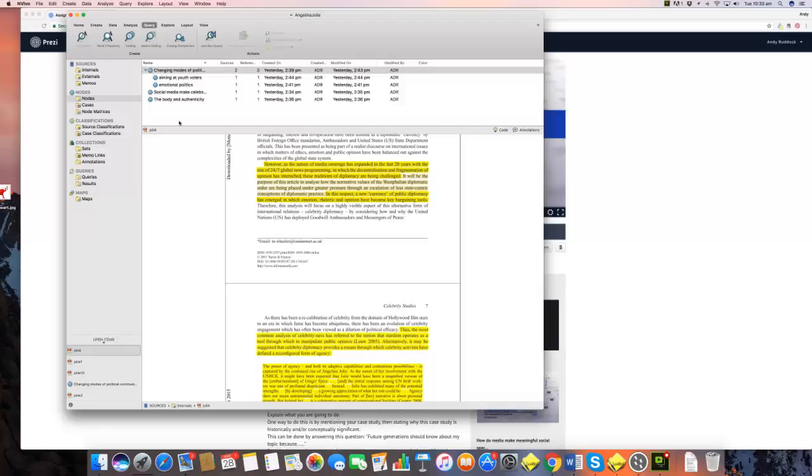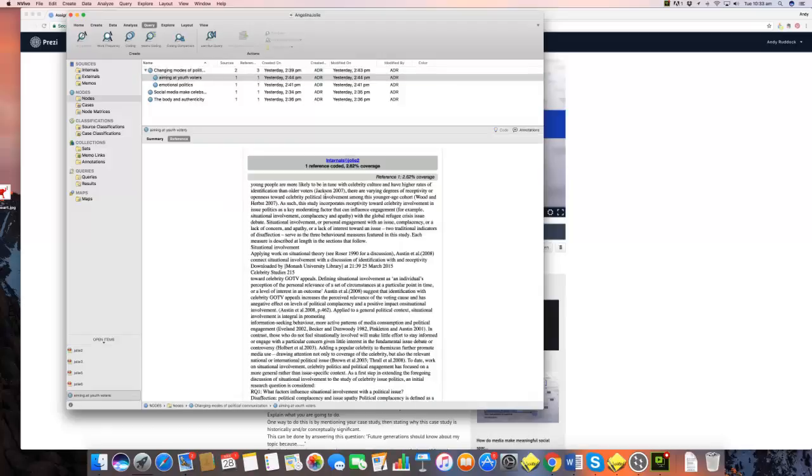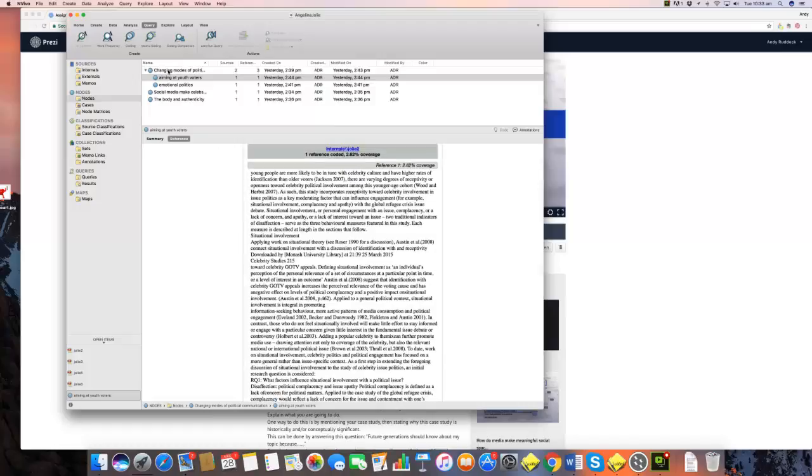Now, the other thing that I want to show you here is the idea of the subnode. So, for example, I've got this category of changing modes of political communication. But of course, that can mean many different things.